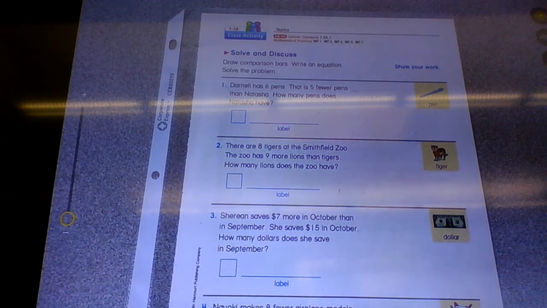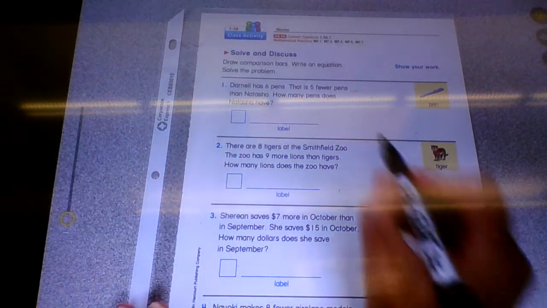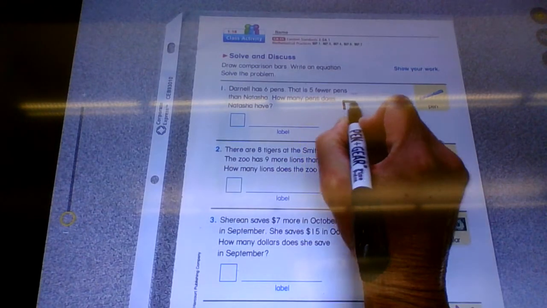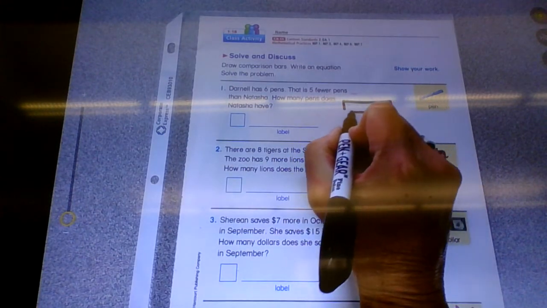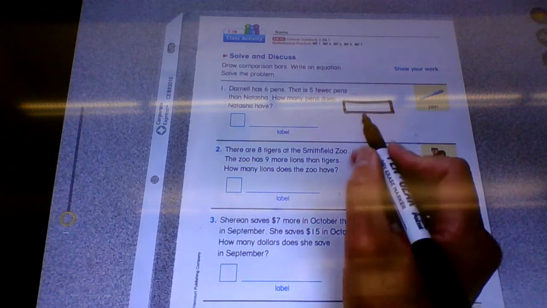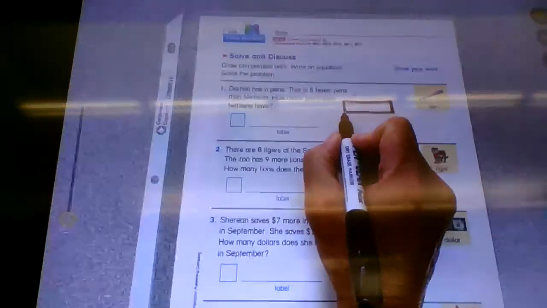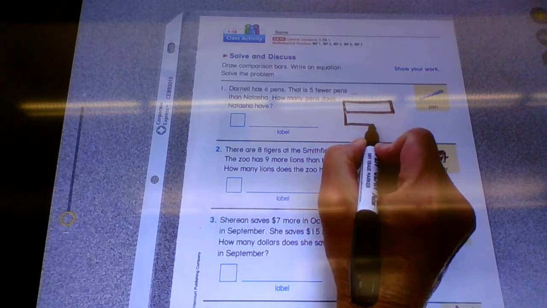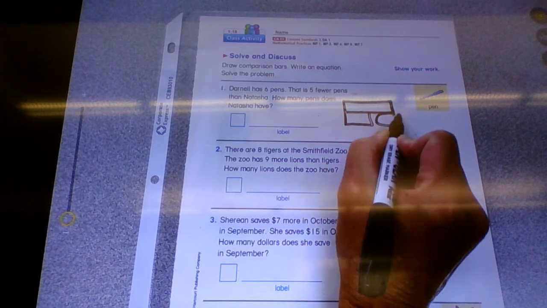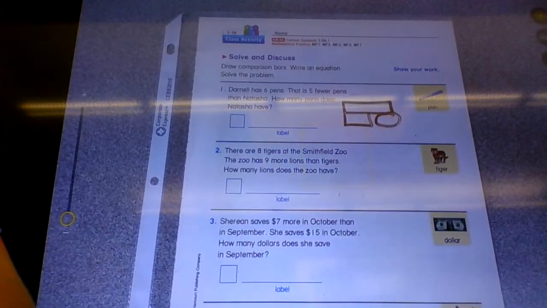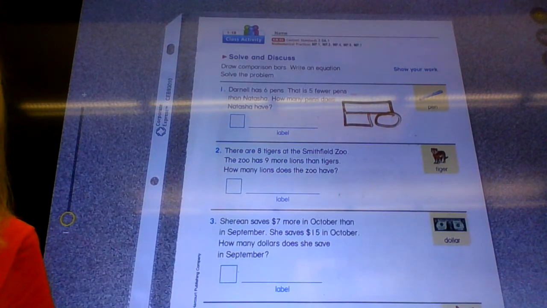So the comparison bar would look like this. You would make the big bar on the top, and then you would put a smaller one underneath it, and then you make an oval right here. So to me, that looks very similar to a math mountain, don't you think?